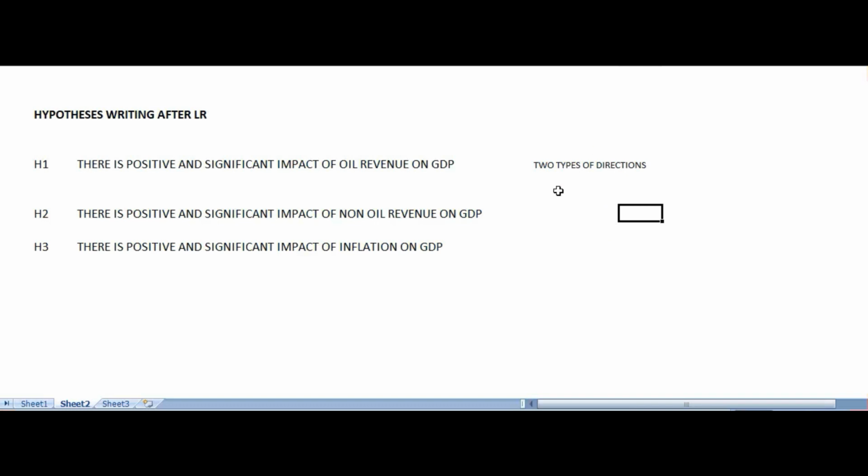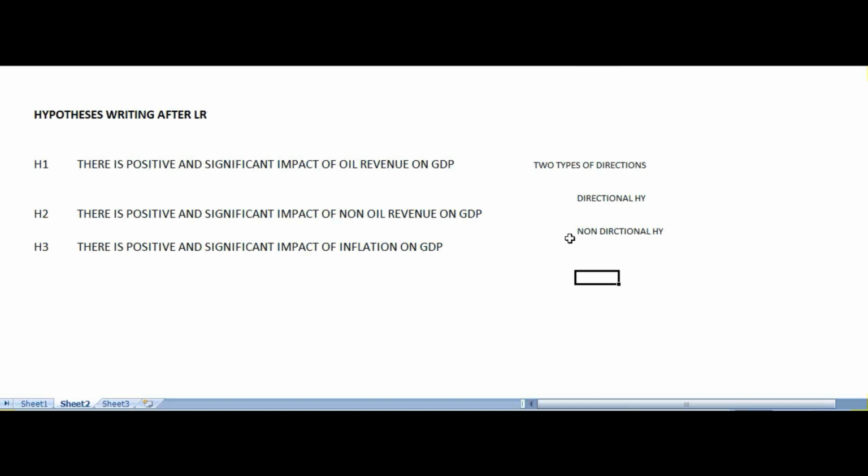There are two types of hypothesis. One is the directional hypothesis, the second is the non-directional hypothesis. The directional hypothesis describes the positive or negative impact of the independent variable on the dependent variable.